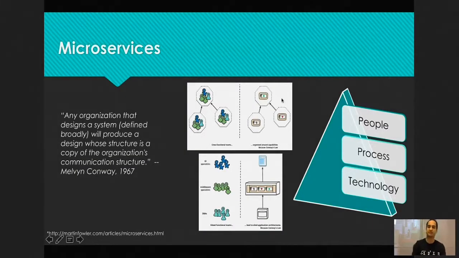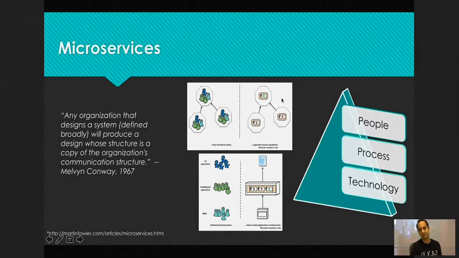So what are microservices? There's a quote from Melvin Conway: organizations that design a system will produce a design whose structure is a copy of the organization's communication structure. Basically, the way an organization has teams interact with each other will have a direct correlation to what they produce.